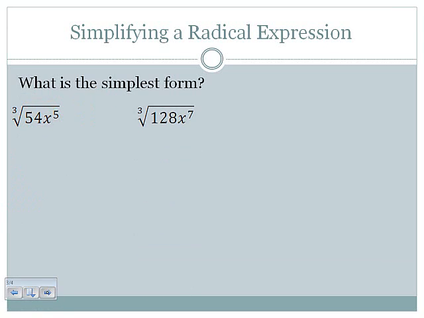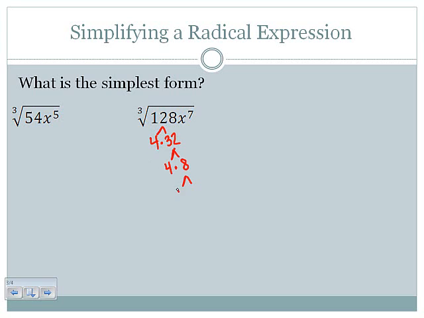Let's look at another example. The third root of 128x to the 7th. So again, let's break down 128. What makes 128? times 32 will make 128. 32 breaks down into 4 times 8.